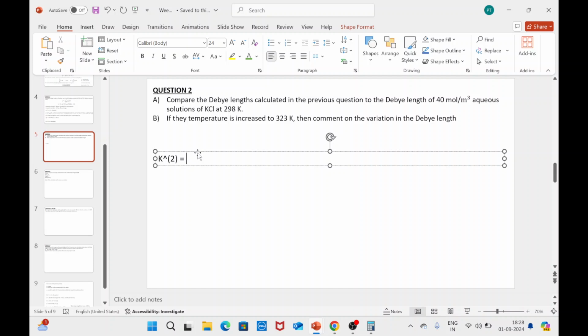So since e square Na by epsilon kT is the same, I'm going to take the value as 5.404 times 10 to the power 15.